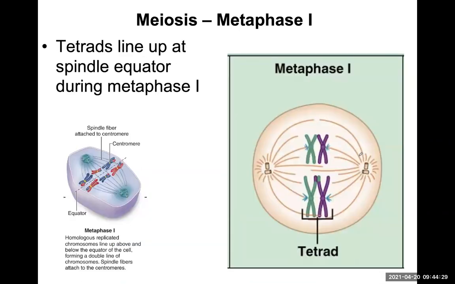Okay. So during metaphase 1, again, it's metaphase, so you're getting the chromosomes lining up on the equatorial plate. Because we're talking about meiosis, you can see it in this one. You can see how here are these scrambled up chromosomes.